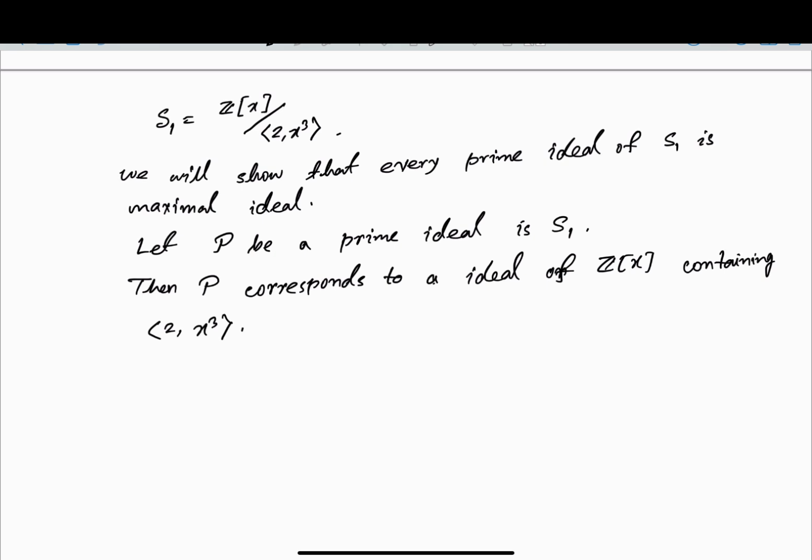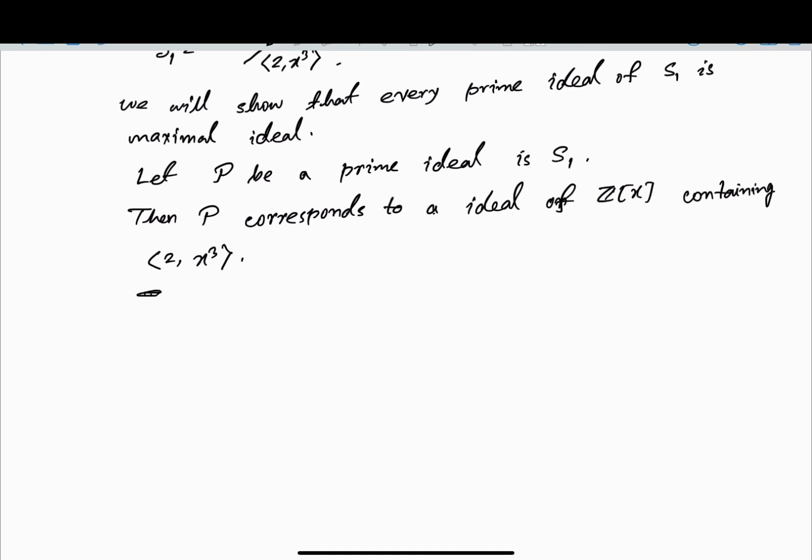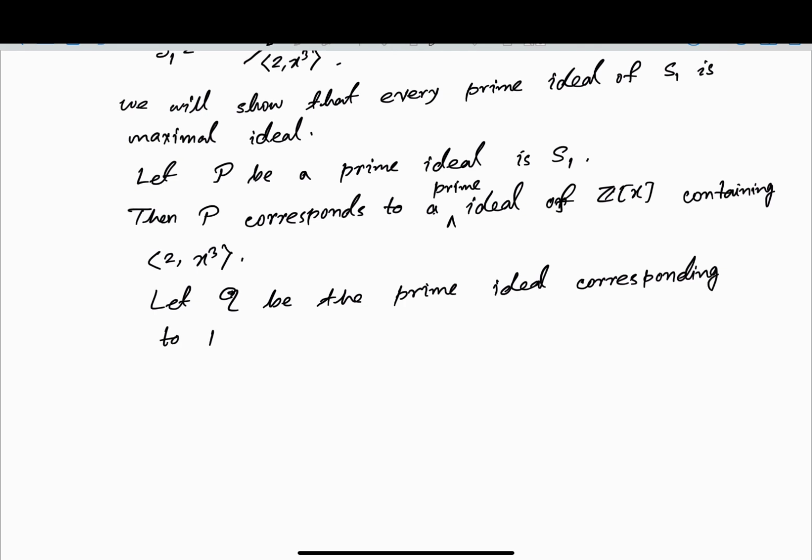So let Q be the prime ideal that corresponds to P. So it will correspond to a prime ideal again, right? So let Q be the prime ideal corresponding to P. Okay.